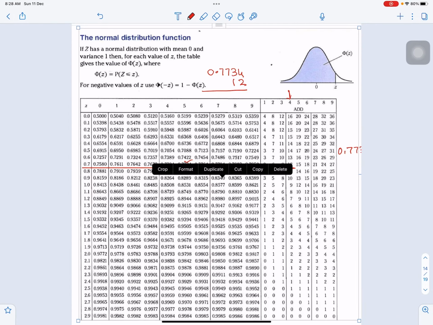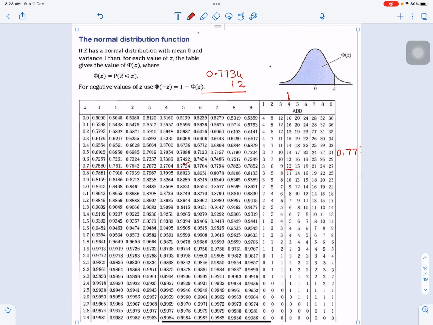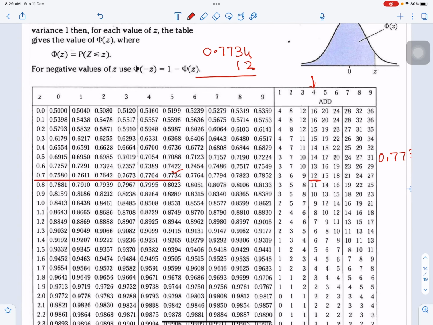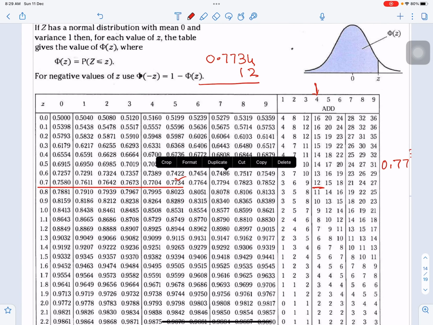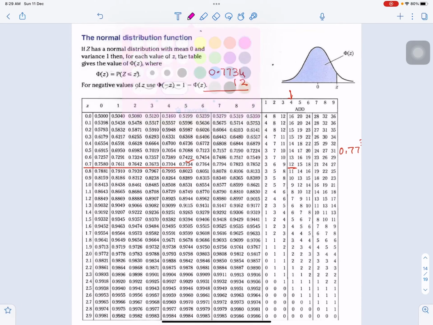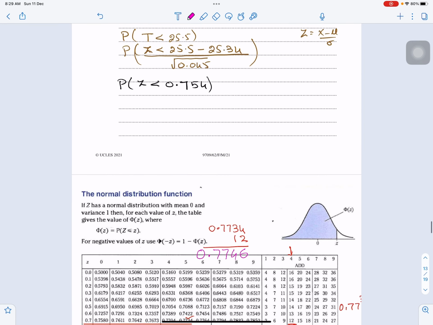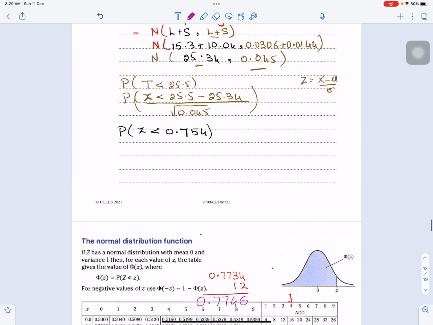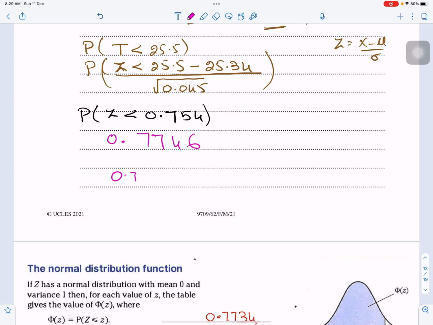So it will become 0.7746. We write it in 3 significant figures, right? So my probability will be 0.7746, and then you can write 0.775 in 3 significant figures. So this will be your probability.